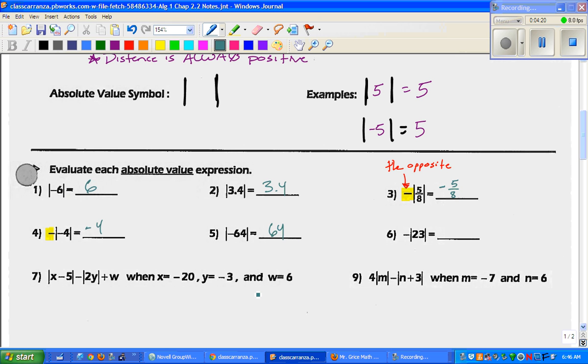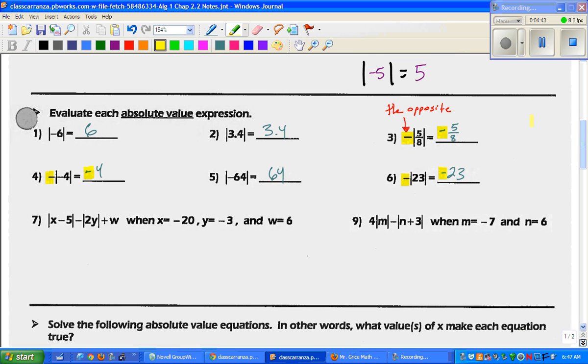Well, that is 64. And number 6 is saying the opposite of the absolute value of -23, which is -23. Now, the key thing to notice is it's only negative when the negative sign is on the outside. All right.